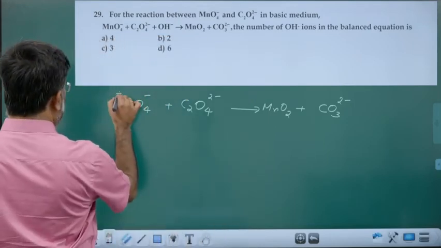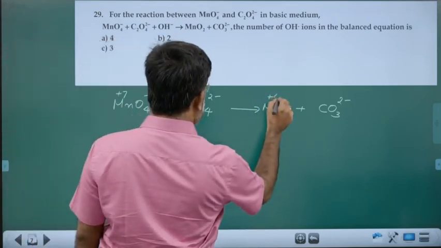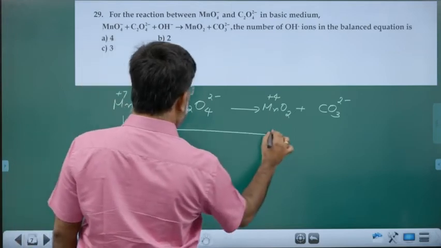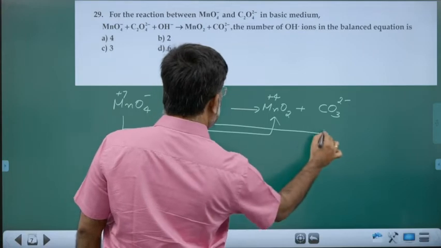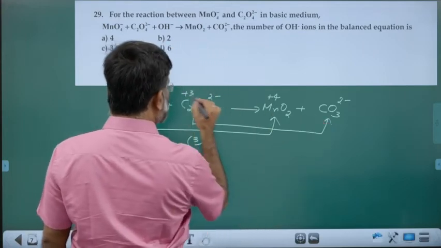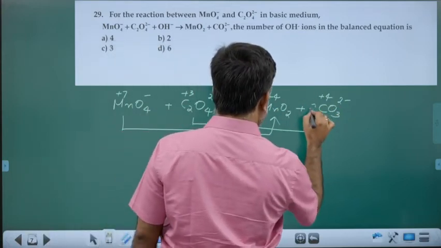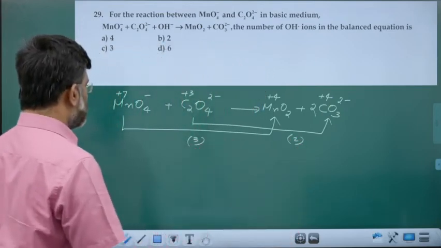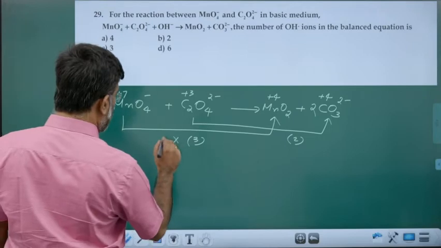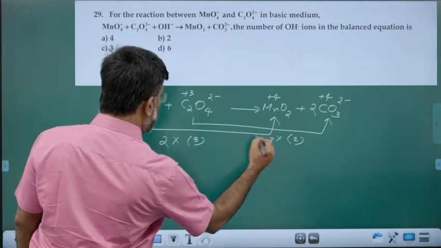Plus 7 changes to plus 4 and the n factor is 3, and here plus 3 changes to plus 4. There are 2 carbon atoms, so the n factor is 2. So this is multiplied with 2 and this is multiplied with 3.